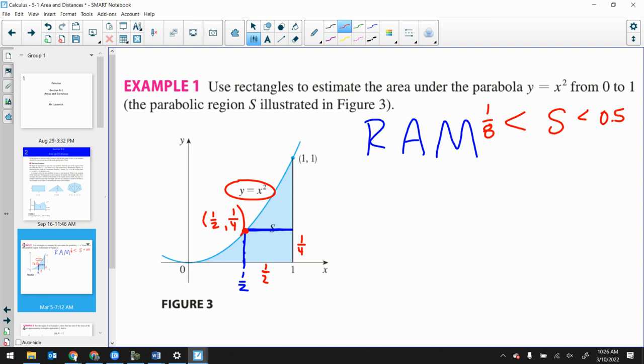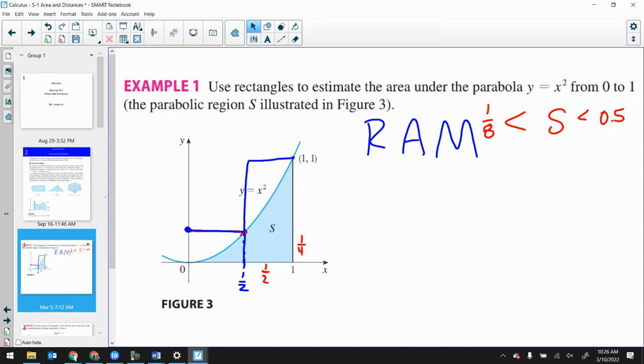Or in other words, what if I continue with this point right here, but instead of drawing that rectangle into my shape, what if I do this instead? Okay, well that 1/4 is here now, right? What's the distance in here? 1/2.